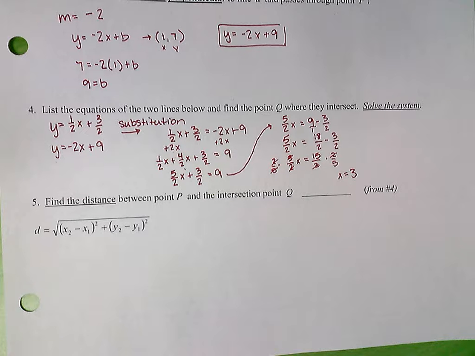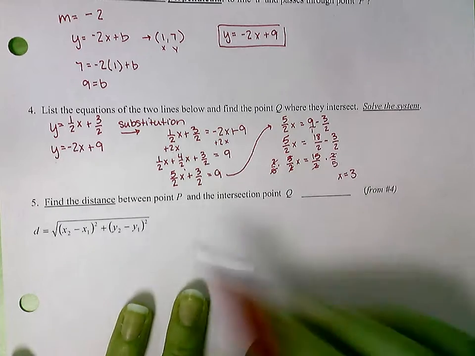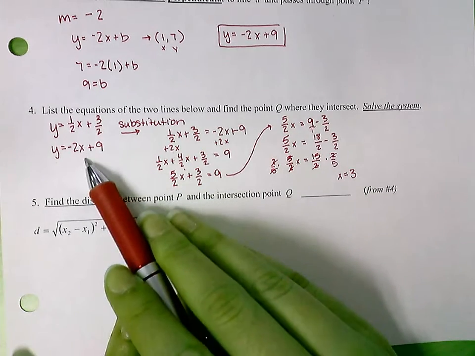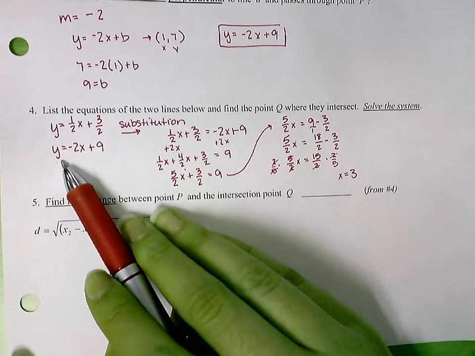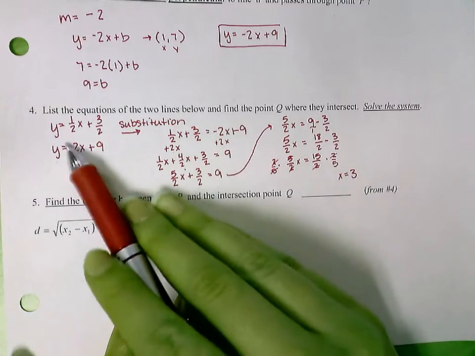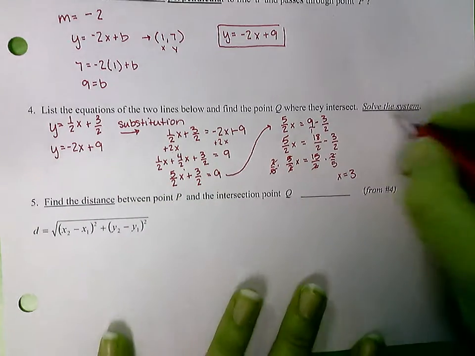Now when you're solving a system of equations, you also need to find your y value. Okay, so we're finding a coordinate point. So with that x, we just need to plug it into either of these two equations and solve for y. So I'm just going to use this one because it doesn't have any fractions.